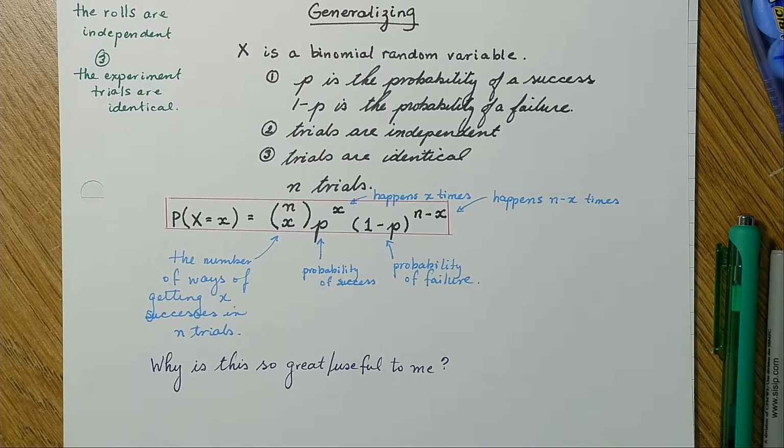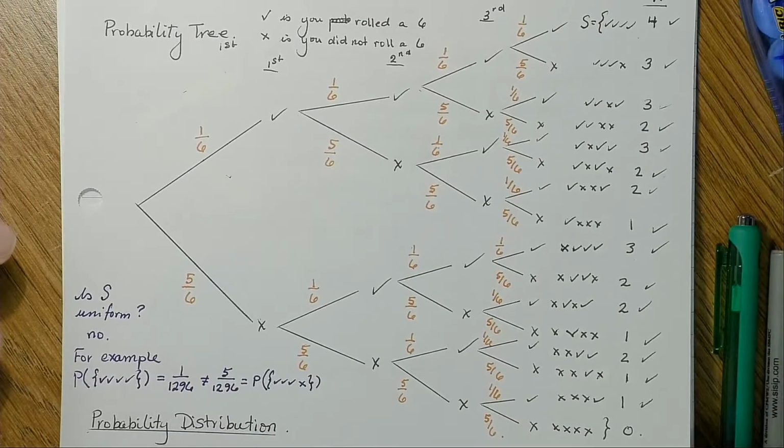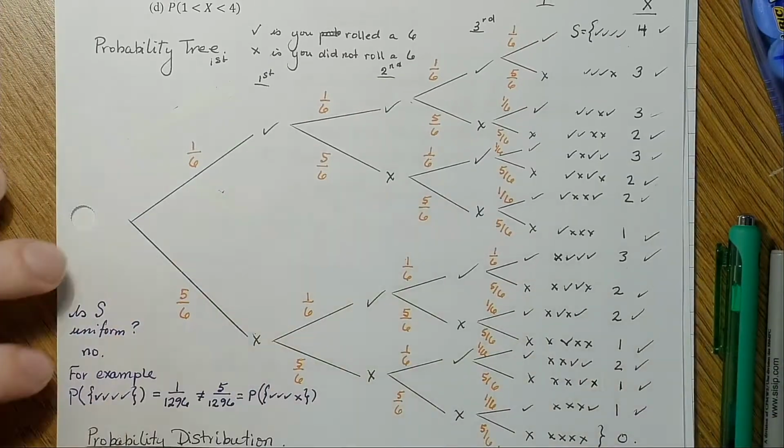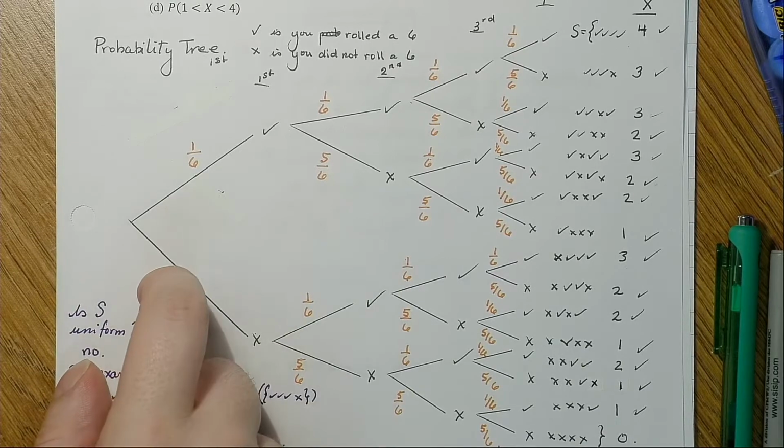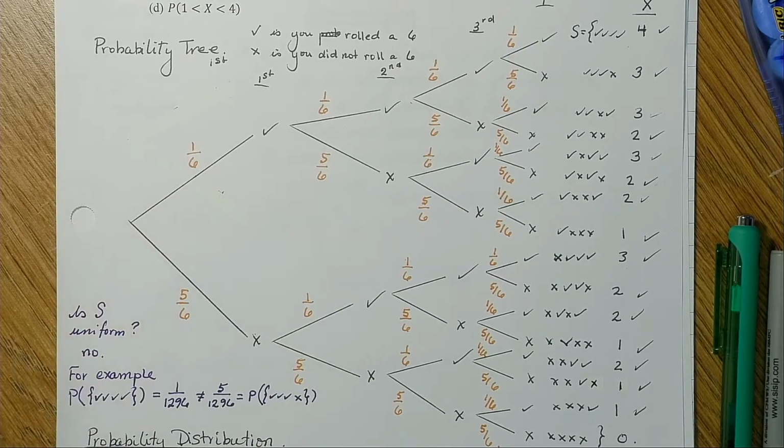The reason is, if you can identify the situation where you can use this binomial distribution, you don't have to draw this probability tree anymore.